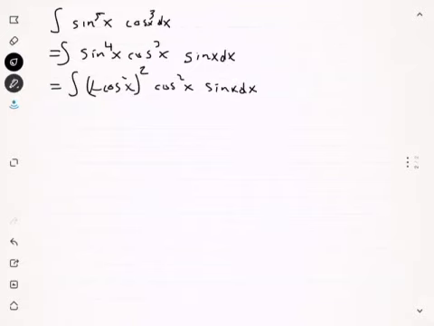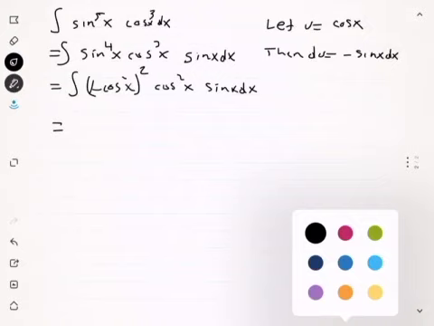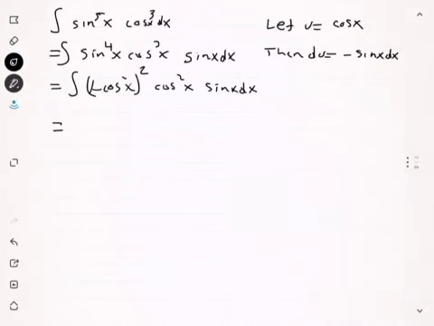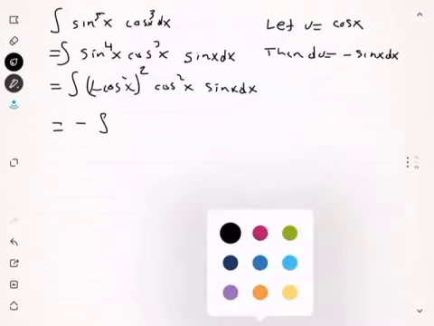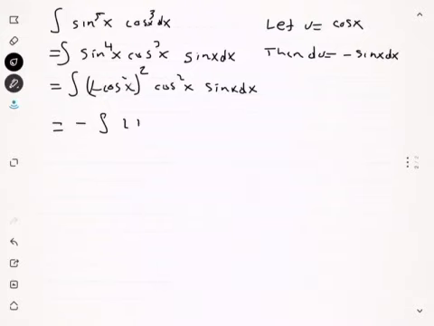So the idea here is to convert everything in terms of cosine, and then we're going to let u equal cosine, then du will be minus sine x dx. And by putting all this together, we get minus the integral of 1 minus u squared, squared, times u cubed du. The minus is because du is minus sine of x dx.